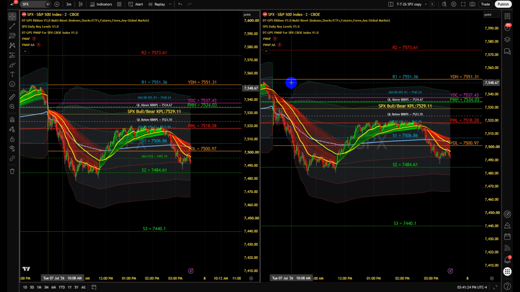Even for sessions that don't have gaps, there are particular sessions, like with futures, the London session and the 9:30 a.m. RTH open. Same thing with stocks, the 9:30 a.m. open. Forex has its own session opens. And then you also have any global markets.